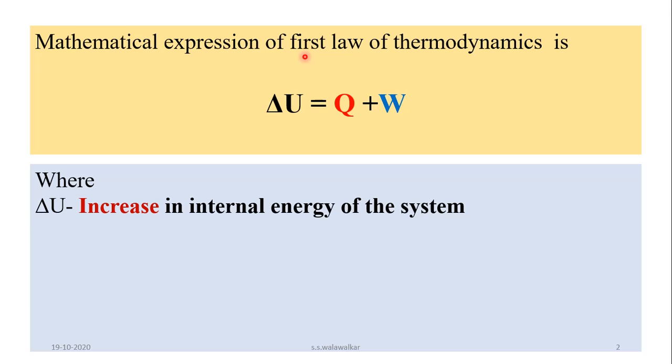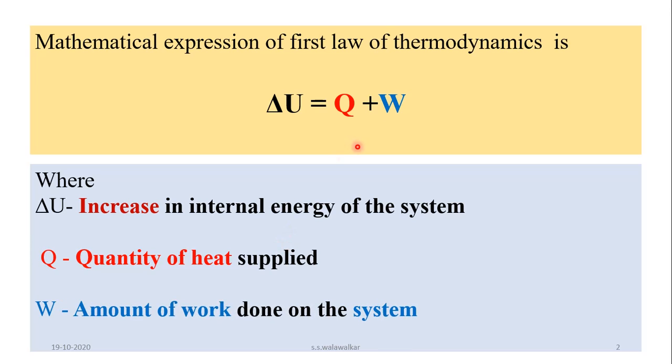As its sign is positive, delta U is an increase in the internal energy of the system. Q is the quantity of heat supplied, and W, whose sign is also positive, is the amount of work done on the system. So this is the mathematical expression for the first law of thermodynamics.